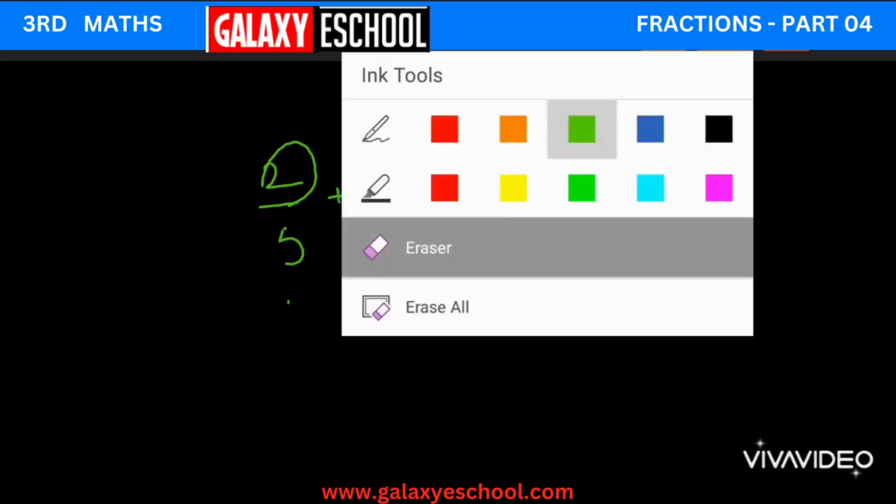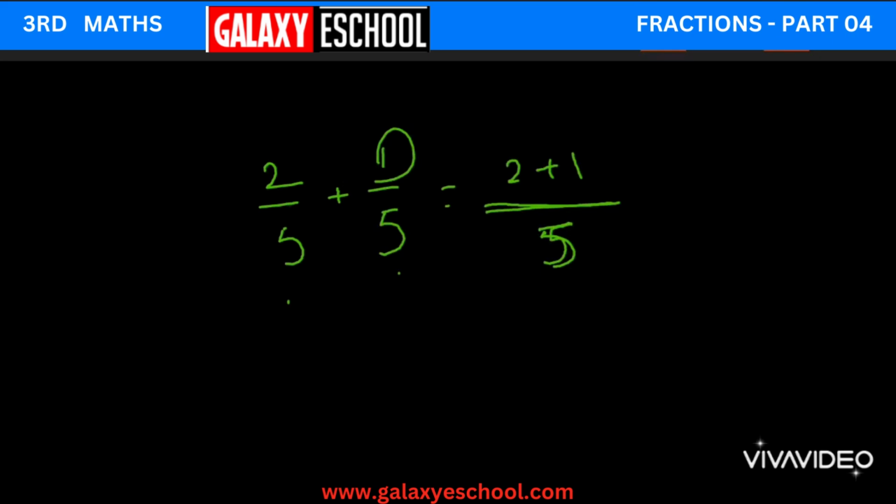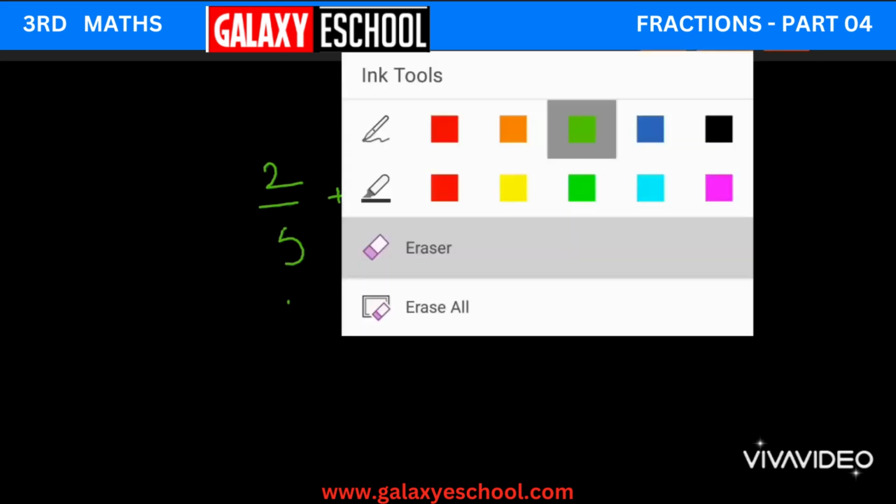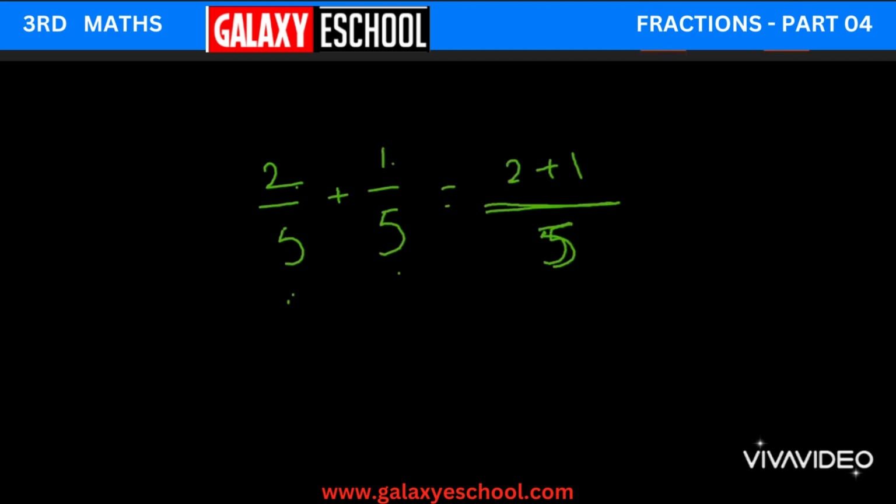Let me erase this here. What is this? 2 by 5 plus 1 by 5. Now again, as I said, these are our like fractions. So we can add them easily. 2 plus 1.